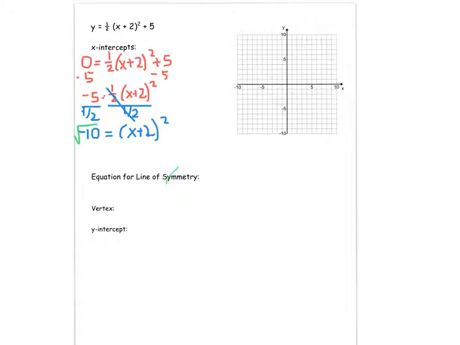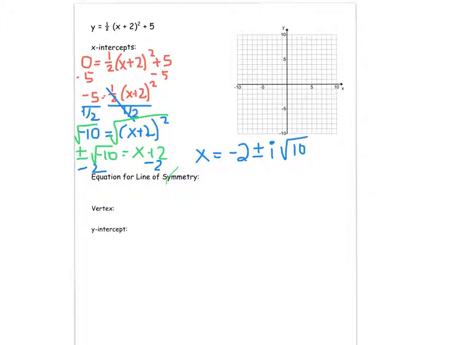And then we square root. So positive or negative, the square root of negative 10 equals x plus 2. And lastly, subtract 2. So x equals negative 2 plus or minus, because of the negative 10 in the square root, we have an imaginary number, i square root of 10.